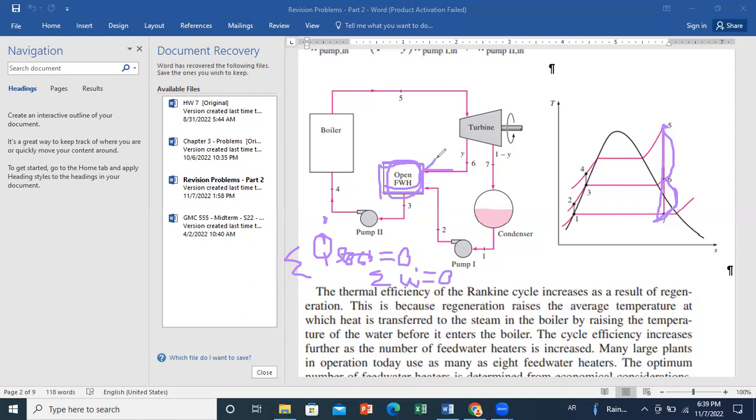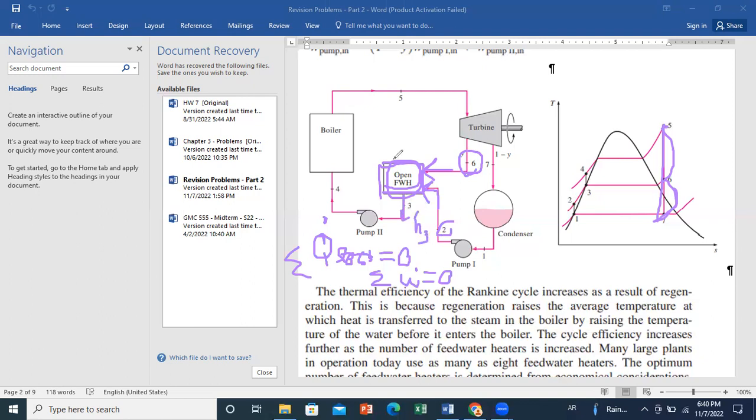I have two flows coming in. One flow is coming in at enthalpy H6, and one flow is coming in at H2, and the total mass flow rate is leaving at H3.